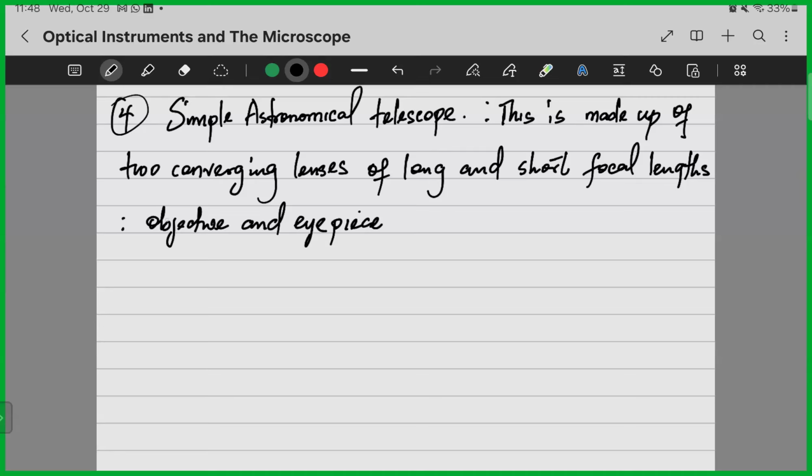Another point I would love to make here is, okay, let's talk about the magnification.